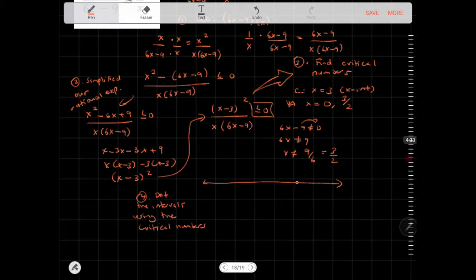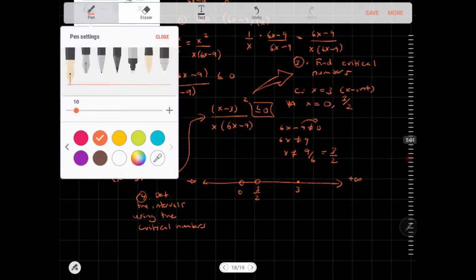For the intercept, I'm going to make it inclusive, so this is 3, inclusive of 3, but the vertical asymptotes are not inclusive. So this is 0, non-inclusive, and we're also going to have 3 over 2, which is non-inclusive. This is negative infinity. This is positive infinity.